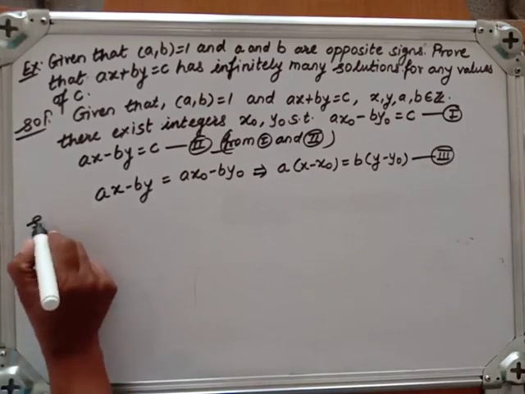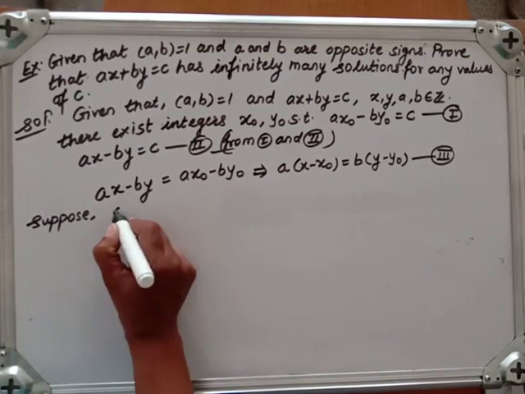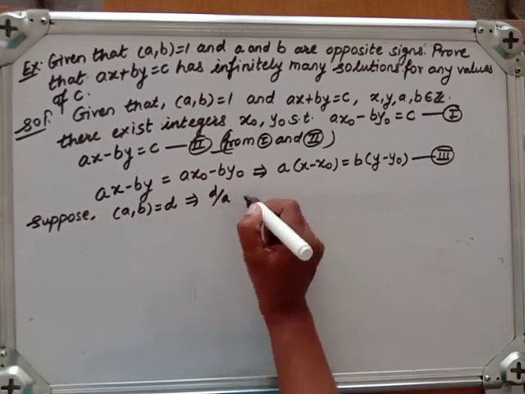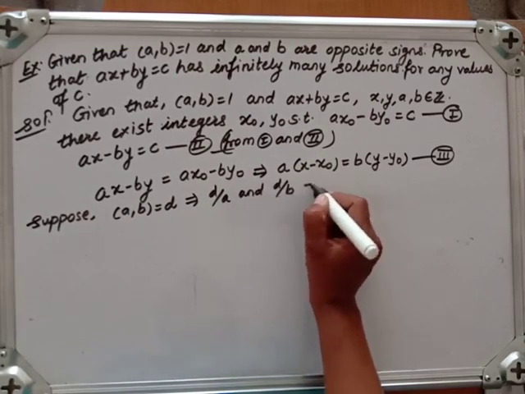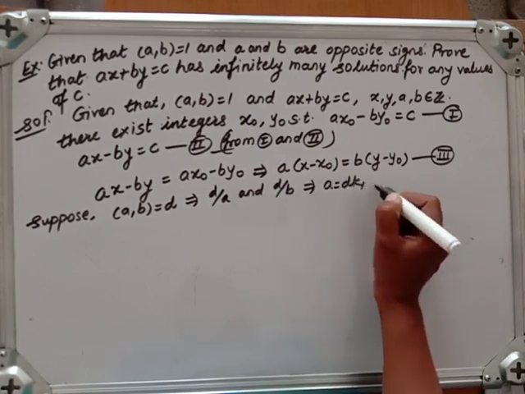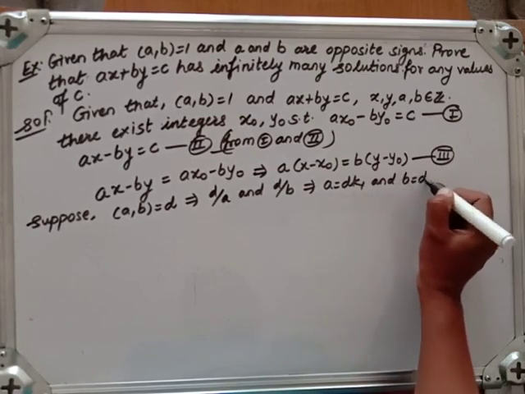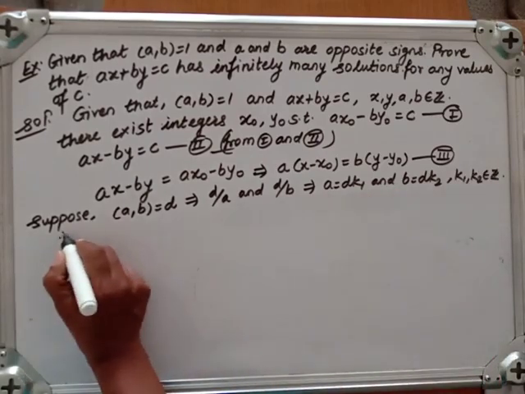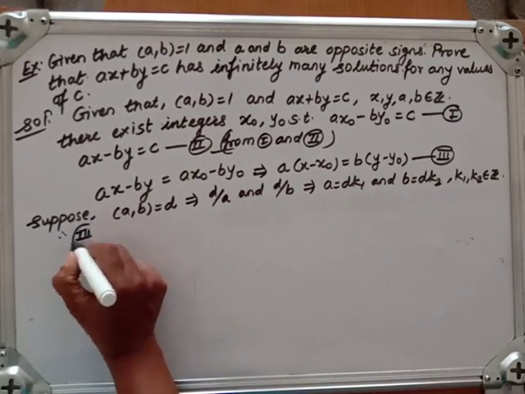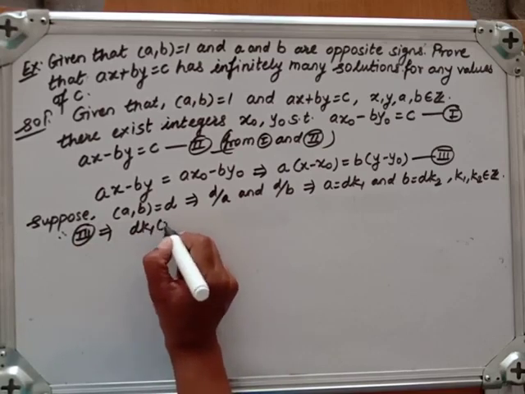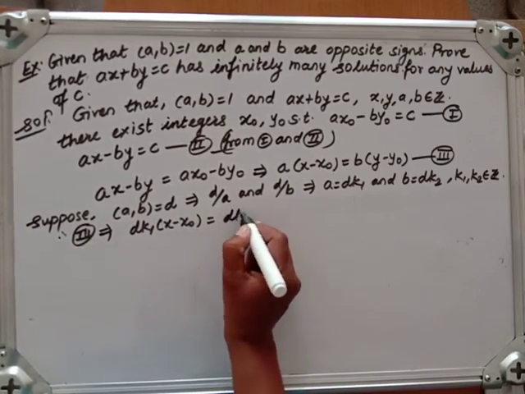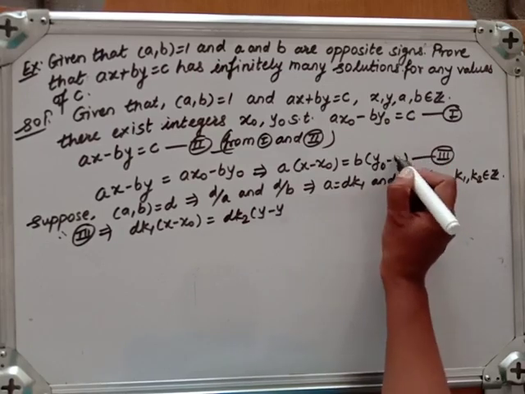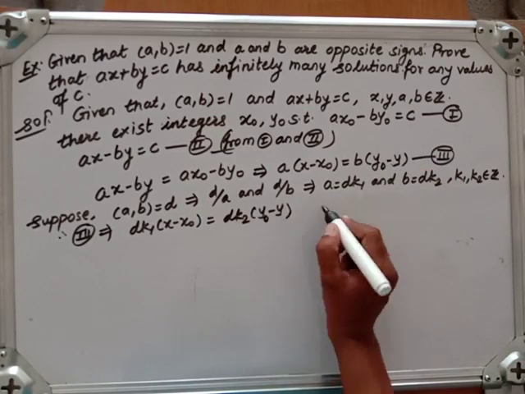Now suppose GCD of A and B is equal to D. So this gives D divides A and D divides B. That is A is equal to dk1 and B is equal to dk2 for k1, k2 in Z. Therefore equation 3 implies dk1 into x minus x0 equal to dk2 into y0 minus y.